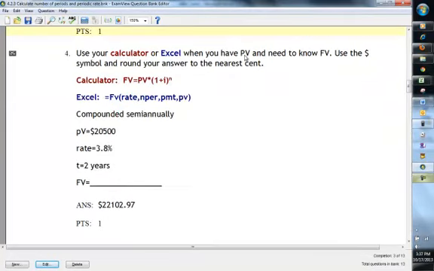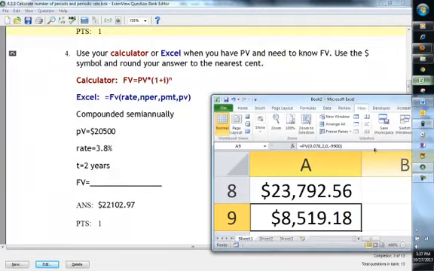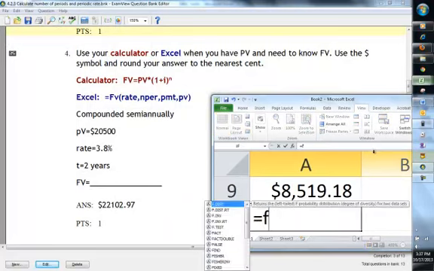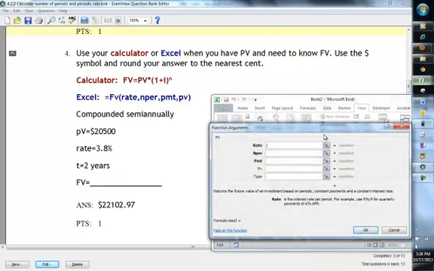Next one, you have present value, you need to know future value. So we're going to equals future value. It's compounded semi-annually this time. So let's look at our problem here. Rate is 0.038.